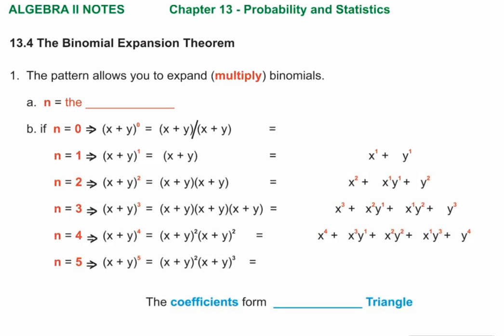You will occasionally come up with a question like this on an ACT or SAT. It is possible. And so the binomial expansion theorem. All right, first off, we're going to understand it. N is the degree. And so I have a set of examples here.